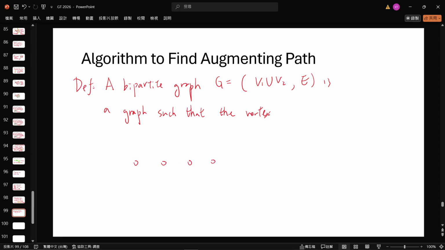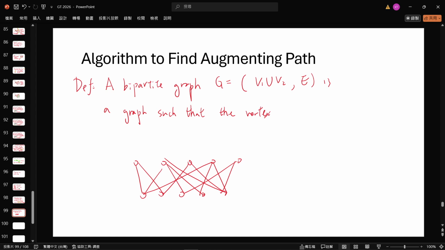Before I finish the definition, let me first draw an example. I think once you see the example, you know the idea of bipartite graphs. So that's a bipartite graph. Basically, if a graph is a bipartite graph, then you can divide the vertex set into two sets, and all the edges must be between these two sets.